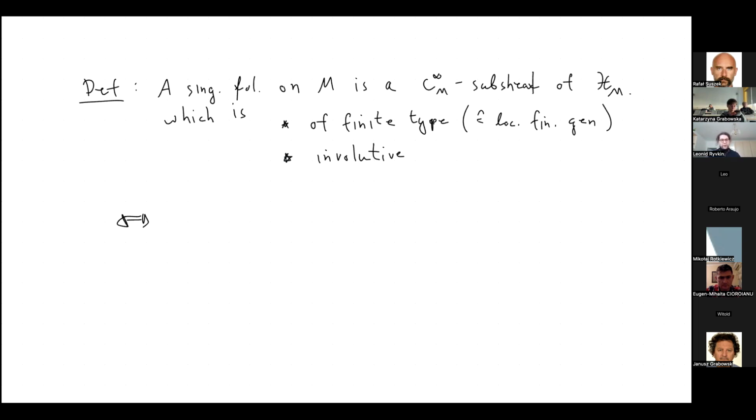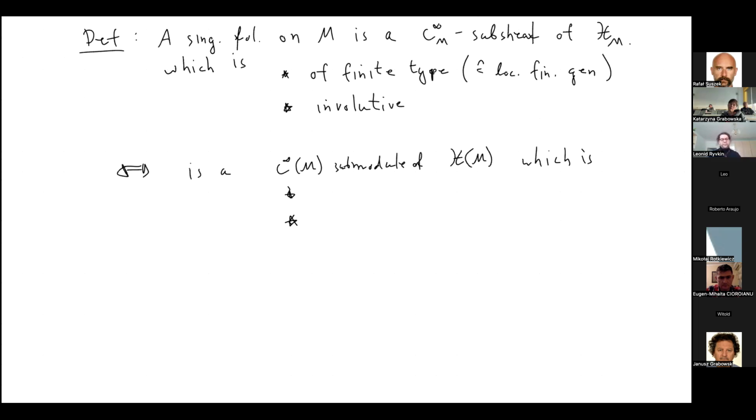If you don't like sheaves, you can also say that it is a C infinity M submodule of the vector fields on the manifold, which has the same two properties. Basically, because we have partitions of unity, the global sections of the sheaf know everything.